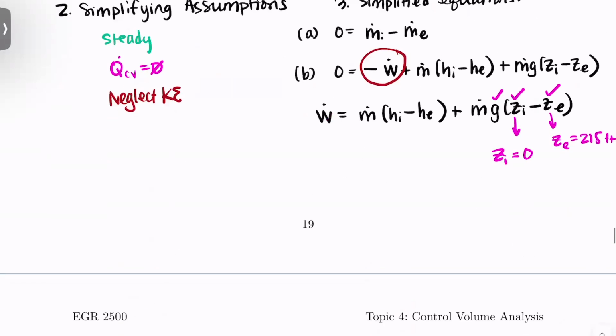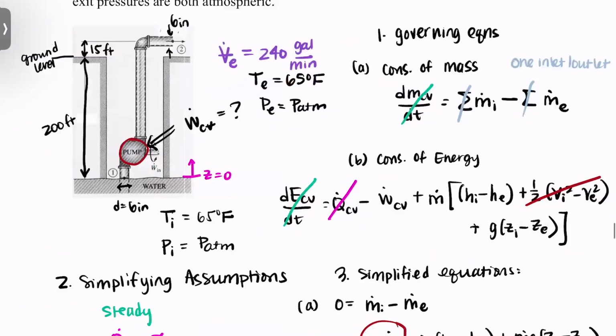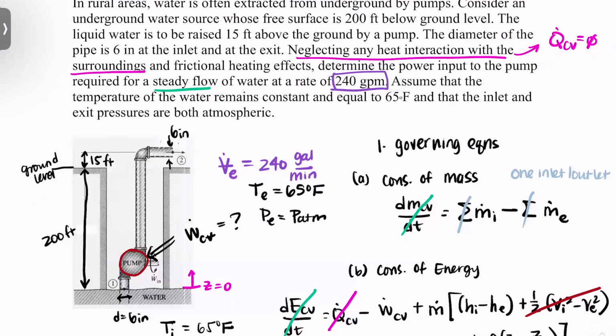Okay, all right, so we've got ZE and ZI and we have G, but we don't yet have M dot, and we don't have HI or HE. I think M dot is the easier one to solve first. Is anything given to us in the problem that's close to M dot?